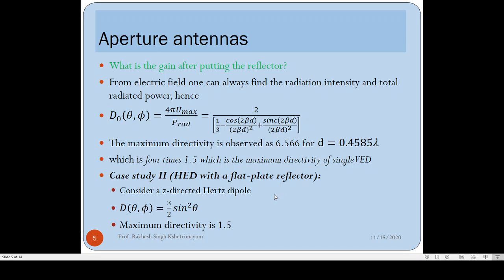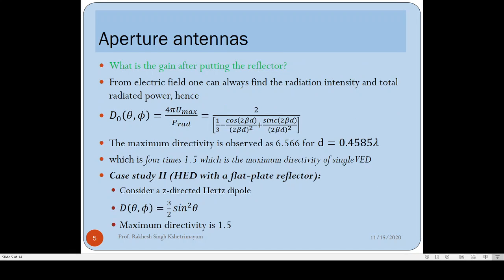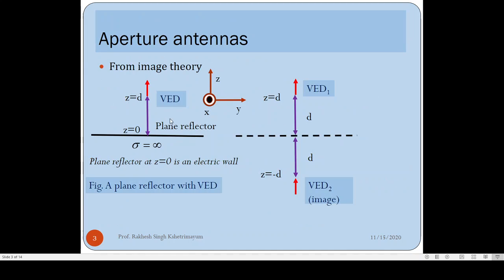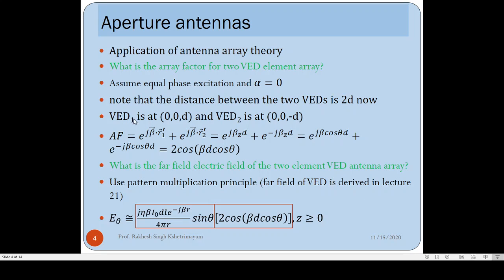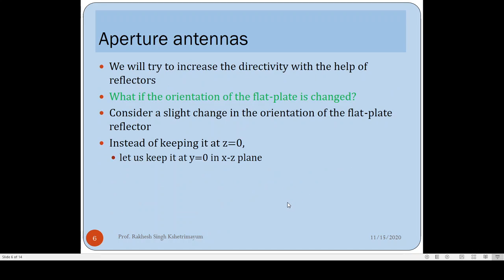Here the orientation of the flat plate reflector would be changed. Previously, you put the flat plate reflector in the xy plane, so you had a vertical electric dipole. But now if I turn it 90 degrees and put it in the xz plane, what happens to the directivity of the horizontal electric dipole with a flat plate reflector?